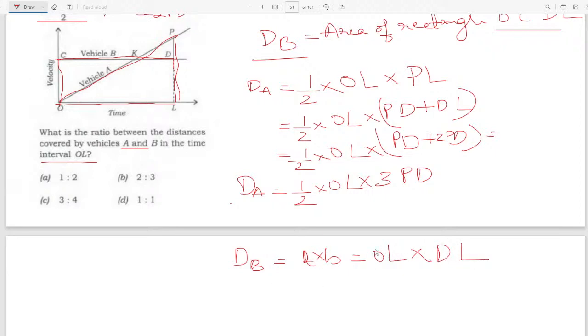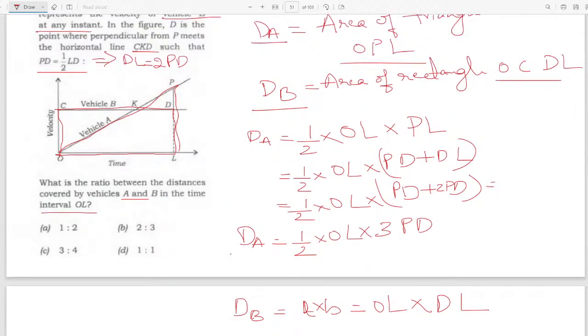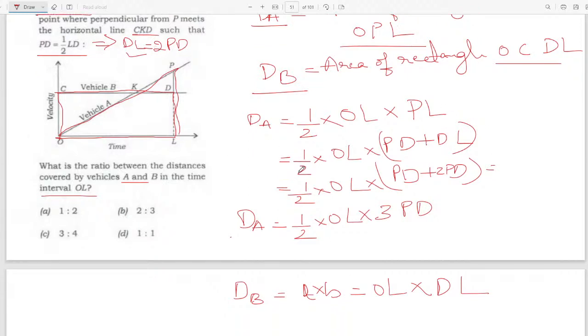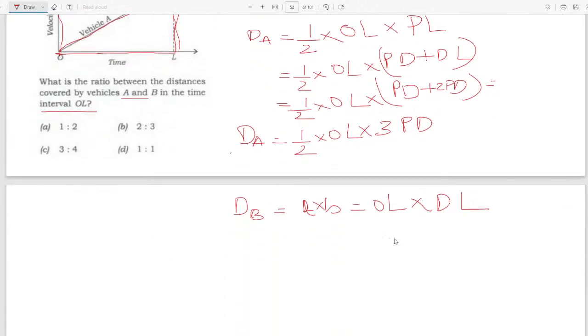And I know that DL is equal to 2 into PD, so I can write this as OL into 2 PD. This is DB. So I have DA and I have DB.